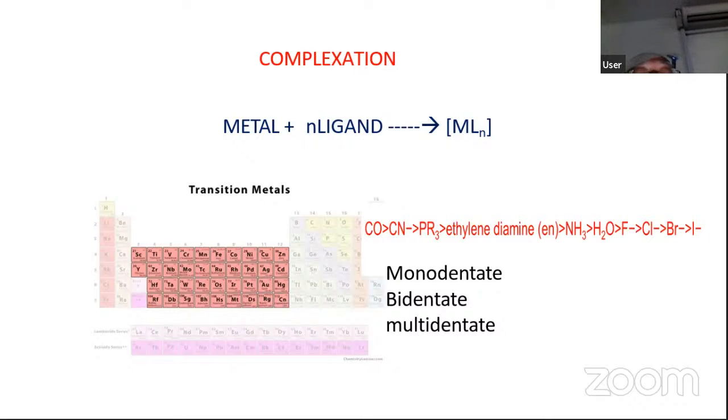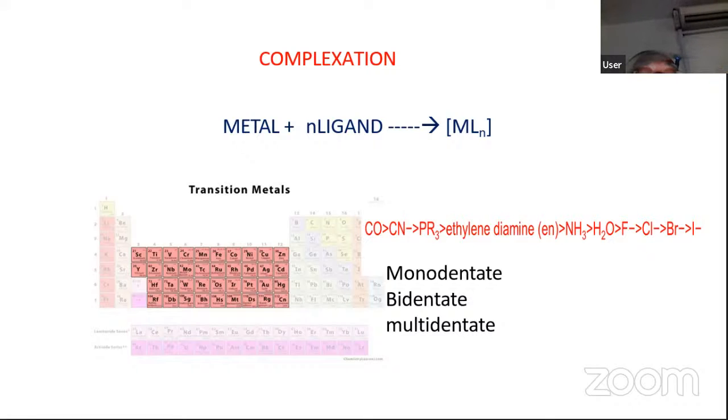You have a metal, remember, you must have ligand. So ligand is specifically used in inorganic chemistry in coordination compound, and the complex form is always metal in the center and surrounded by the ligands. So the number of ligands attached to the metals play a very important role in coordination compound.